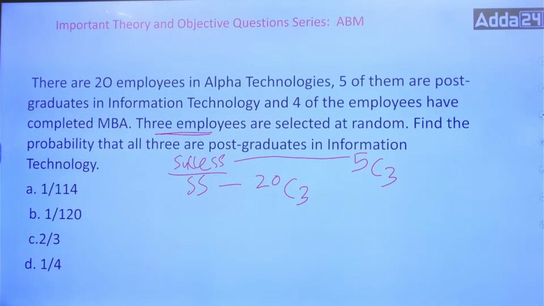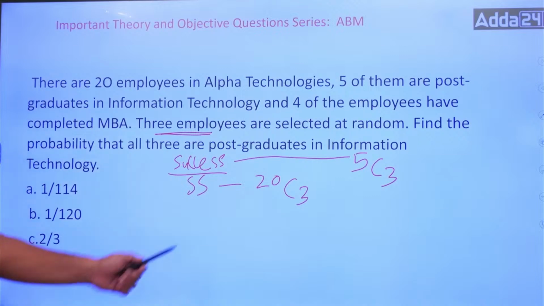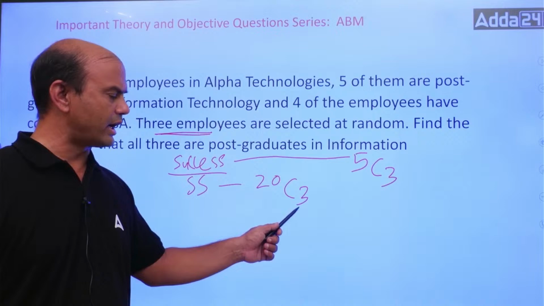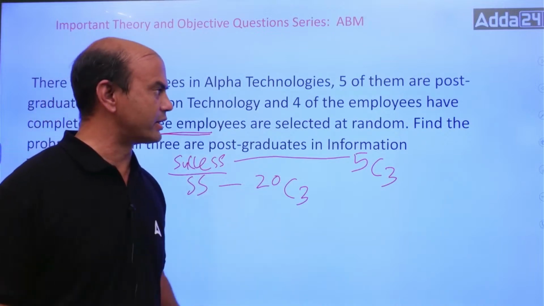N minus R, okay? NCR is N factorial upon R factorial into N minus R factorial.